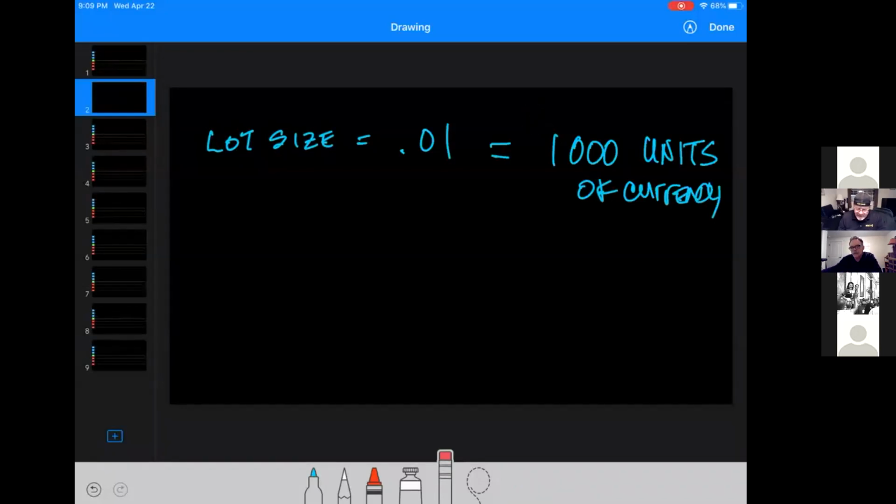So that's the smallest lot size, unless, of course, you're trading on a website called KOT Forex, in which case they have what they call micro lots, and they are micro accounts, and it goes even lower than that. But if you're just doing it for fun, then you might as well be on a demo, as far as I'm concerned. It's crazy. So a lot size is akin to how much money you're putting onto the trade.